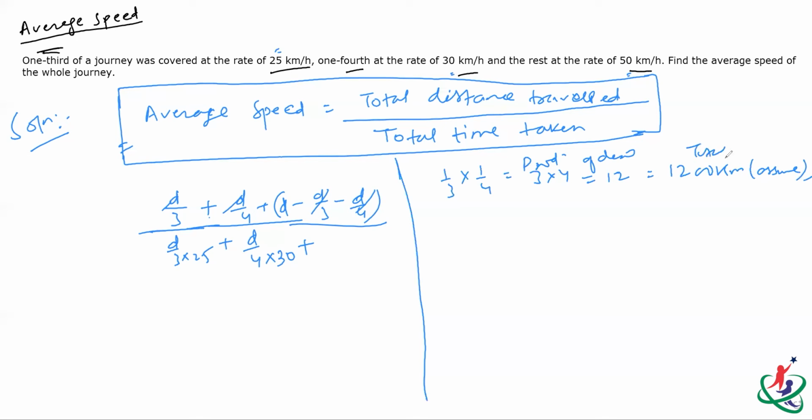You can assume even a bigger number which is a multiple of 12. Why a multiple of 12? Because we don't want to deal with fractions. We want to deal with integers so that we can calculate very fast, and that too mentally.